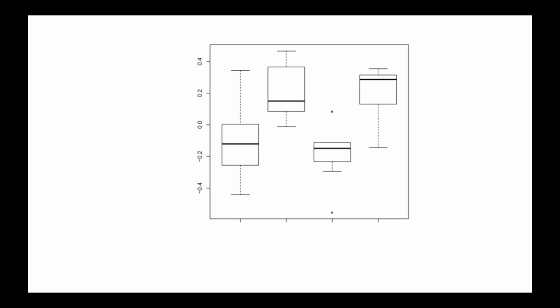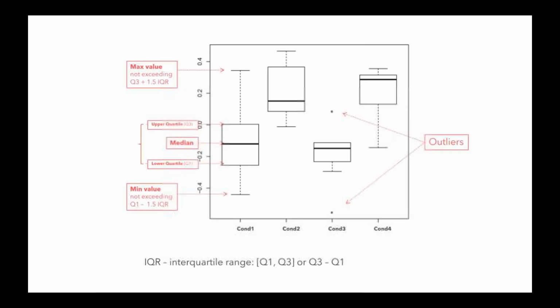So what is a box plot? A box plot shows us different things about our samples. For example, it shows us the maximum value, the minimum value, the median or the middle of our data, as well as quartiles. So if we separate everything into quarters, what do they look like? And then some outliers, right?